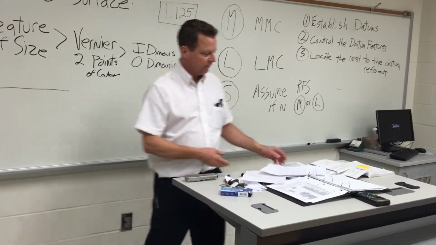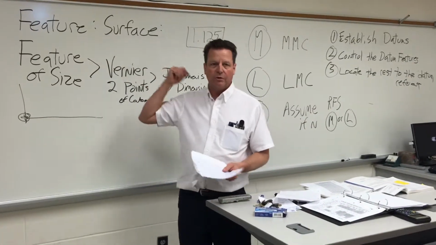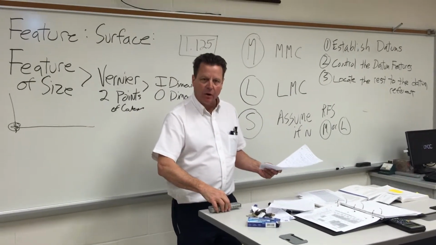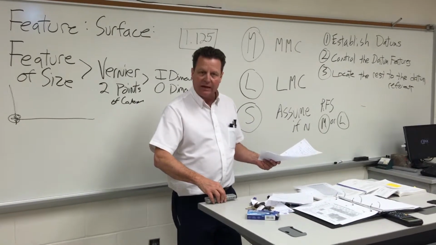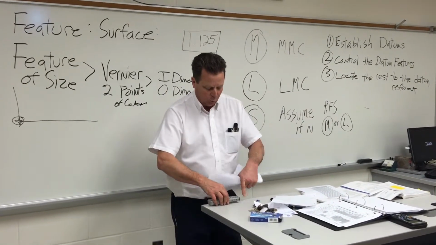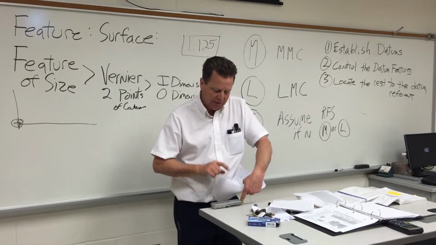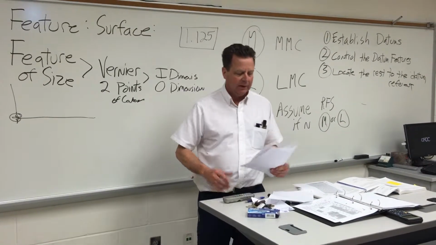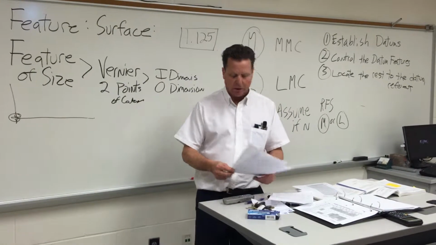When we're making fixtures, we use a version of the 1, 2, 3 rule in that we have 3 points of contact on the bottom face, 2 points of contact against the second datum, and 1 point of contact up against the third. When we clamp down, we have restricted this part in all 6 degrees of freedom. It can't move. We don't want it to move while we're machining it.